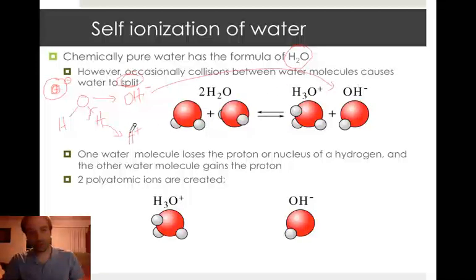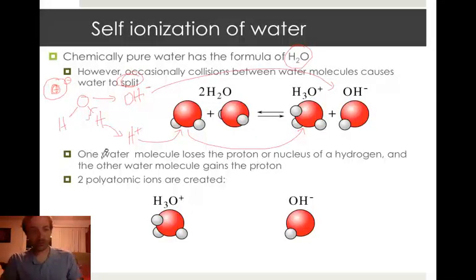This hydrogen ion that we've made isn't going to stick around very long, meaning it's going to be attracted by different things. And it turns out water molecules, because of their polar nature, will pick up this hydrogen ion really quickly. So this hydrogen ion is going to get picked up by this water, and this water, now carrying an extra positive charge, is our other ion over here, the H3O+.